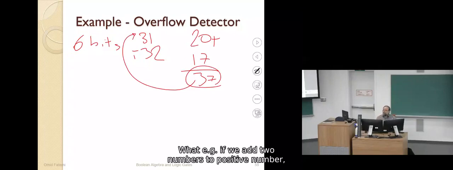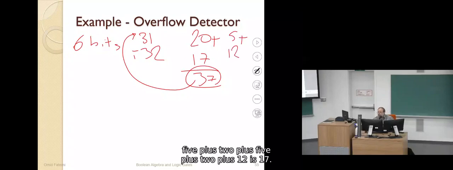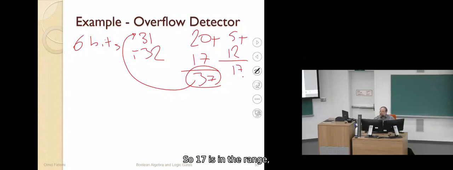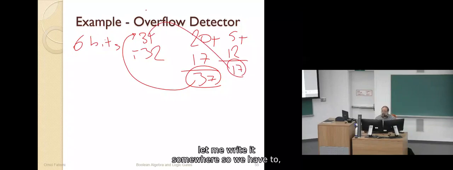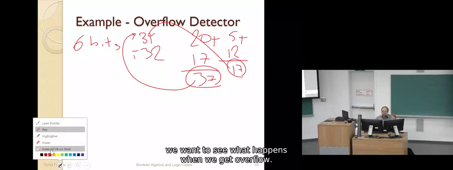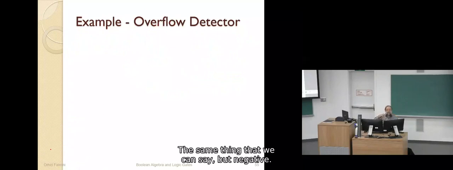But for example, if we add 2 positive numbers, 5 plus 12, 5 plus 12 is 17. So 17 is in the range, so there is no overflow. So remember these. We want to see what happens when we get overflow.